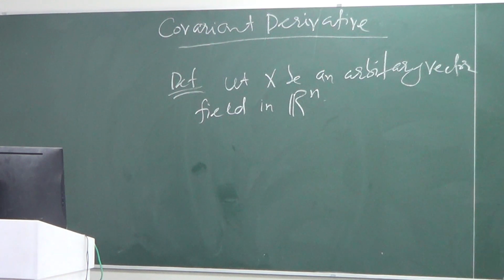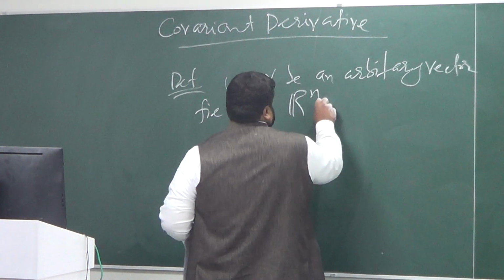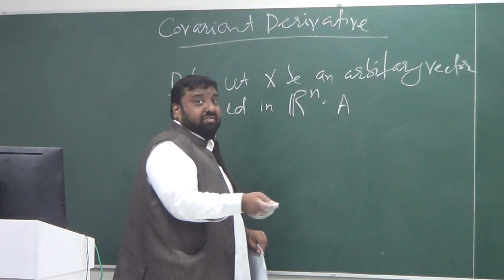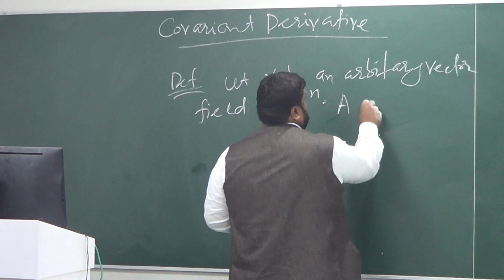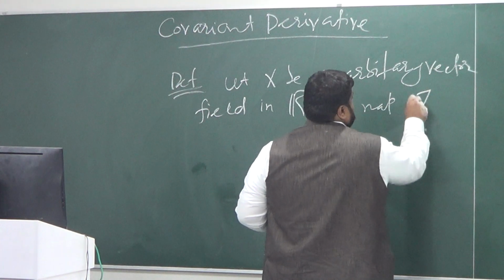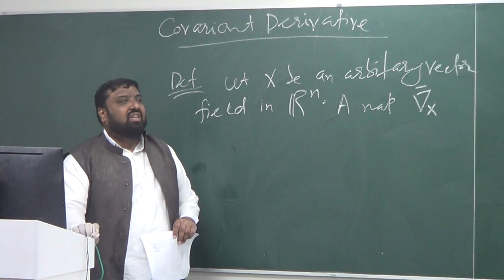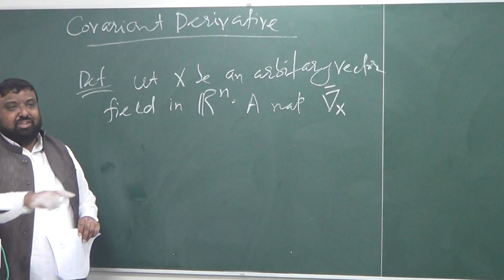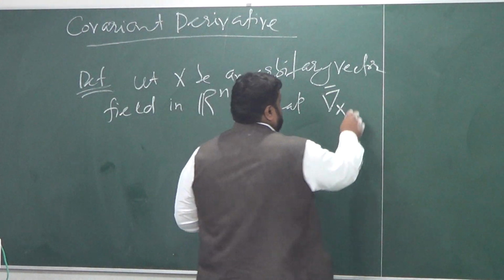Okay. So in other words, if I want to define an operator which can serve as a derivative for us, let me define a map del X bar. I'm putting a bar so that you can differentiate it from the gradient.